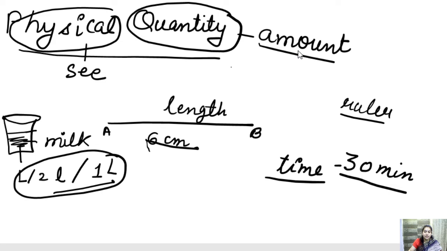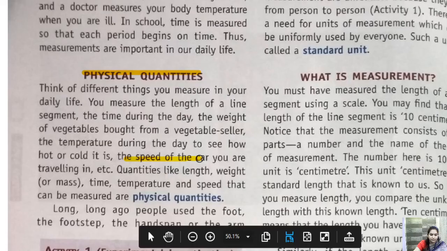Alright, let's see what is written in the book. All the quantities, everything that we can measure, everything that has a measurement, is called a physical quantity. For example, take the speed of a car. We can measure the speed of a car. We can measure the temperature of a day.